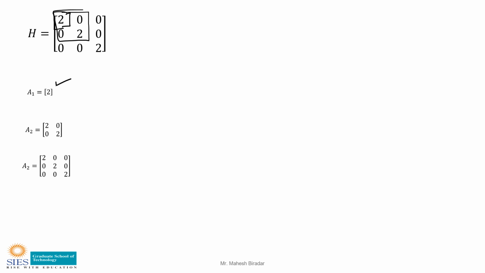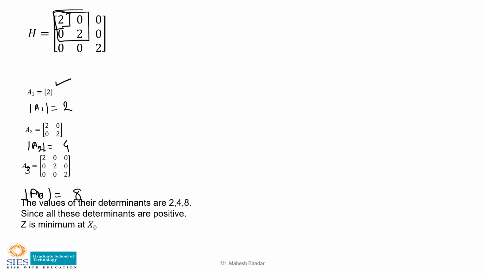Now if you find the determinant of A1, which is 2, determinant of A2, which is 4, and determinant of A3, which is 2 into 2 into 2, which is 8. Okay, since all these determinants are positive, therefore Z is minimum at x naught.